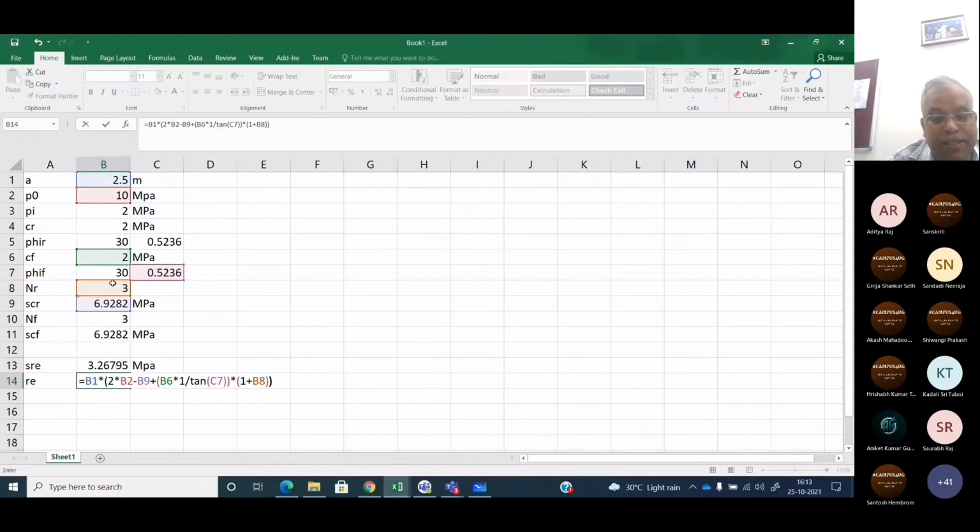This bracket closes, divided by Pi plus CF multiplied by 1 by tan phi f, the entire thing multiplied by 1 plus NR.